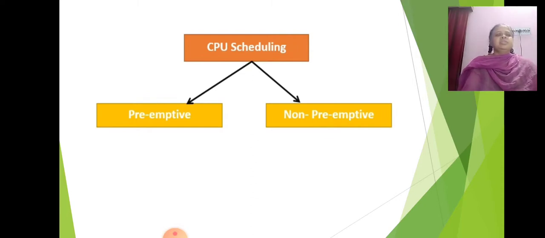But unfortunately, preemptive scheduling incurs a cost associated with access to shared data. Consider the case of two processes that share data. While one is updating the data, it is preempted so the second process can run.